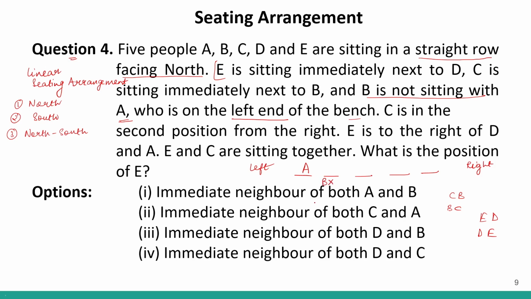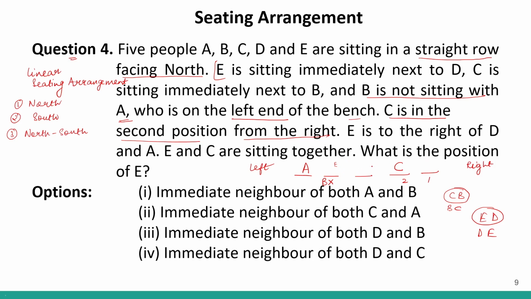Correct? Now, moving forward, it is given to us that C is in the second position from the right. So from the right, the second position is 1, 2, this. C is over here, second from the right. So now we have one combination and 2 combination: C, B sit together and E, D sit together. If I place B over here, I will have positions for E and D, 2 empty adjacent positions.